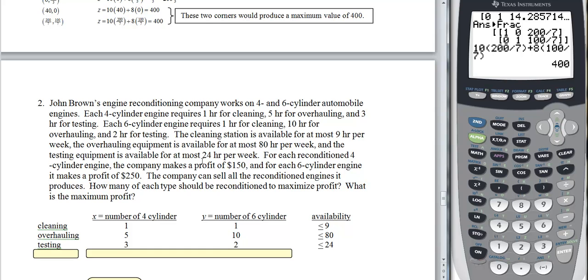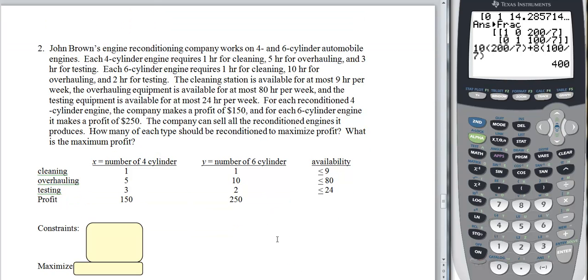Now I still have one more bit of information about the 4-cylinder and 6-cylinder, and this is the profit for the two respectively. So my constraints are my inequalities. First thing you've got to remember, my X and Y's are either going to do this or not, so my X and Y's are going to have to be greater than or equal to 0.